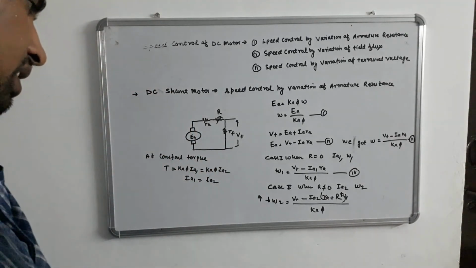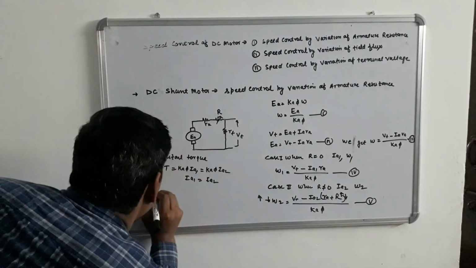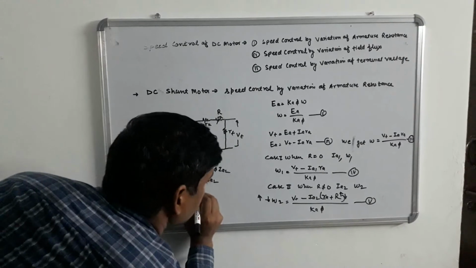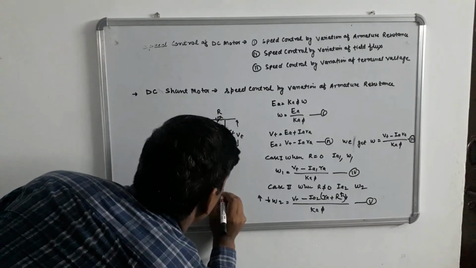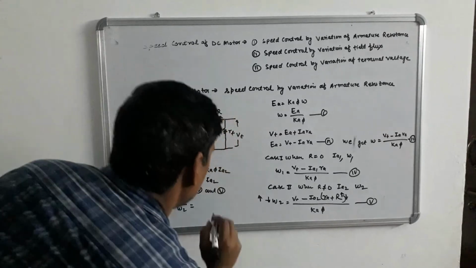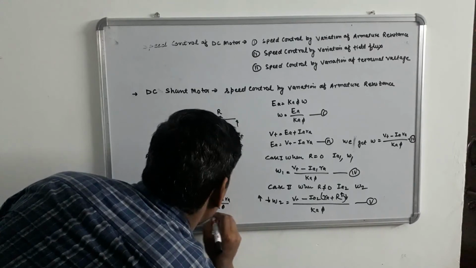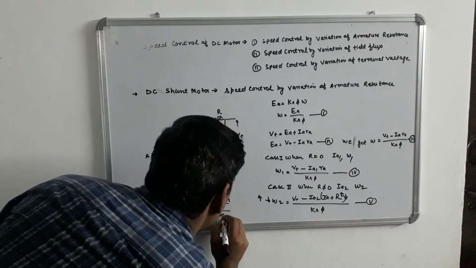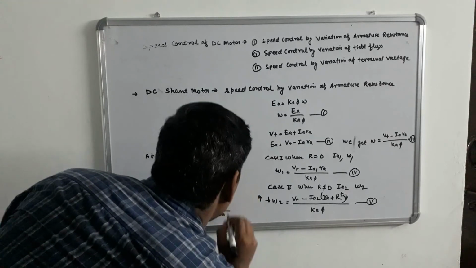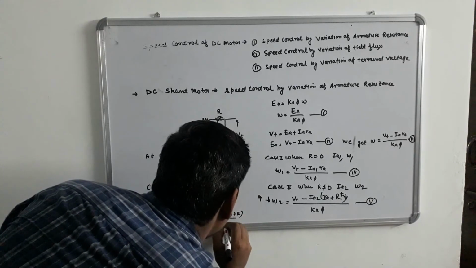By comparing equations 4 and 5, omega 1 divided by omega 2 is equal to VT minus IA RA divided by KA phi, divided by VT minus IA times RA plus R divided by KA phi.